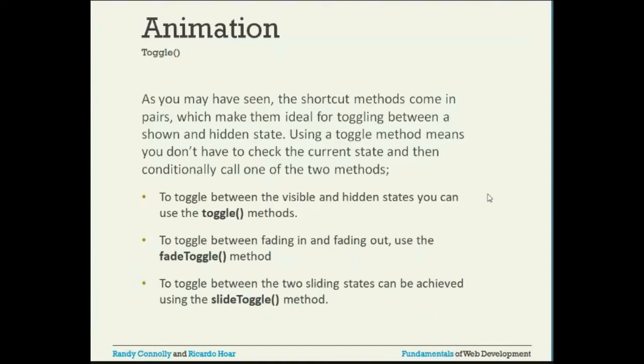Using the toggle method means you don't have to check the current state and then conditionally call one of the two methods. Just call toggle. It will change it to whatever the state should be from the current state. To toggle between the visible and hidden status, you can use the toggle method.